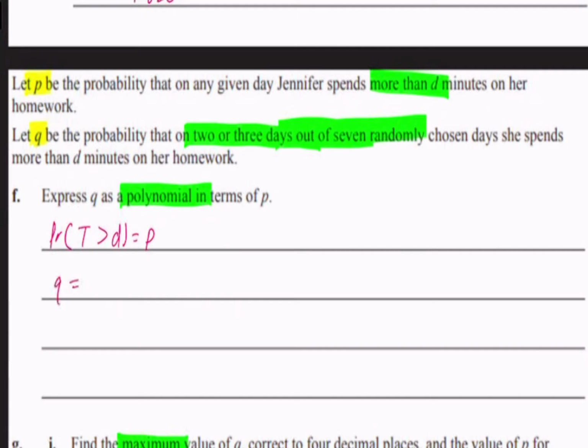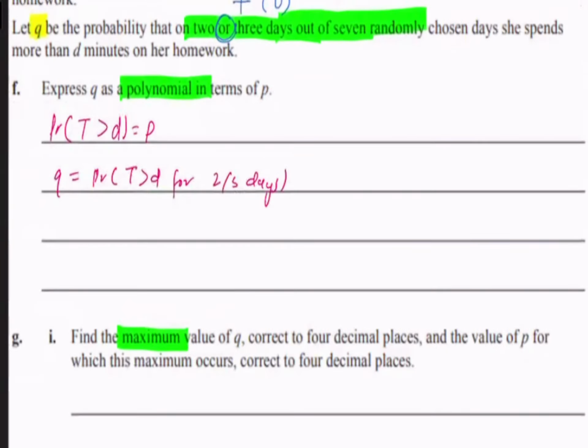So Q is the probability that T is greater than D for 2 or 3 days. Just remember that 'or' usually means addition or union, so we're going to add 2 things together rather than multiply them.